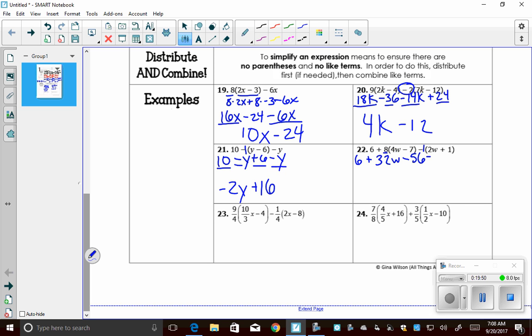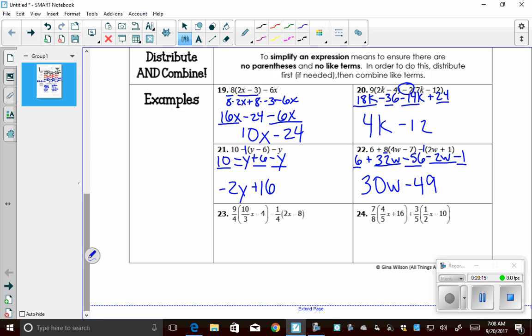I get negative 2w minus 1. Combine like terms. Looks like it's going to be this with this. So it's going to be 30w, and then 6 minus 56 minus 1, which will give me a negative 49.